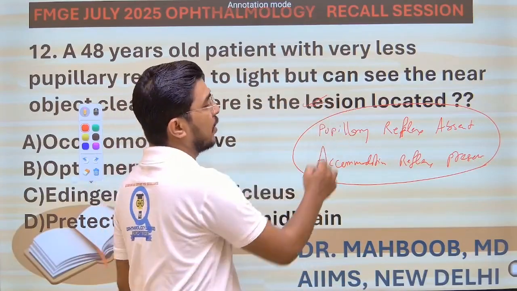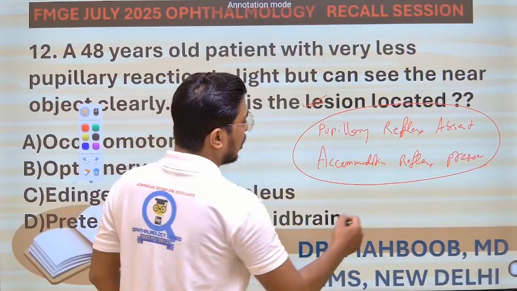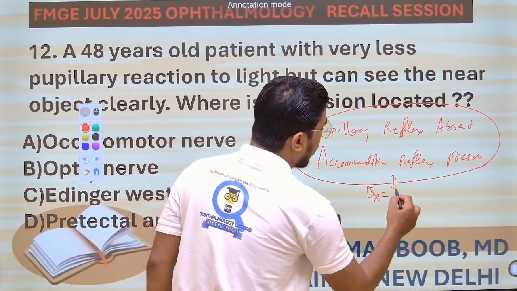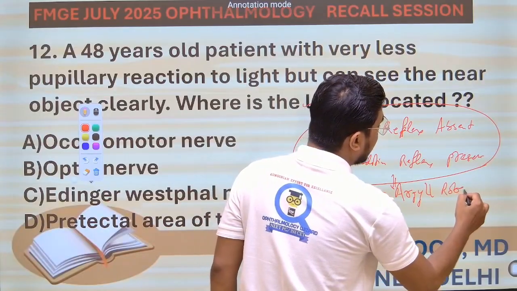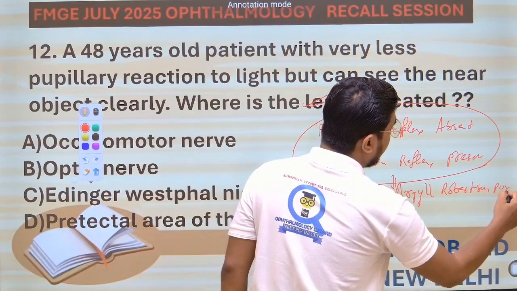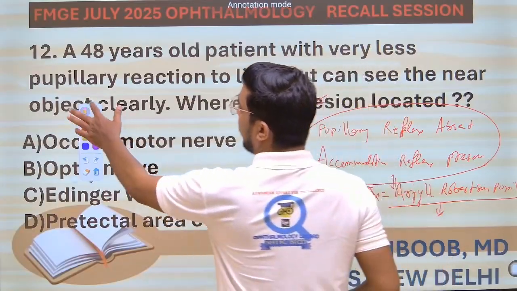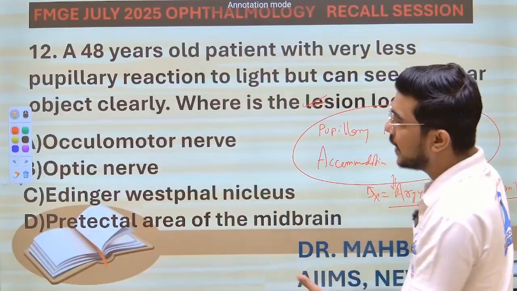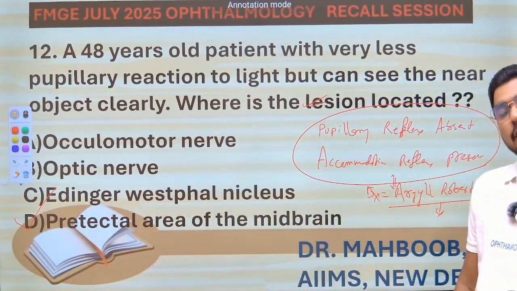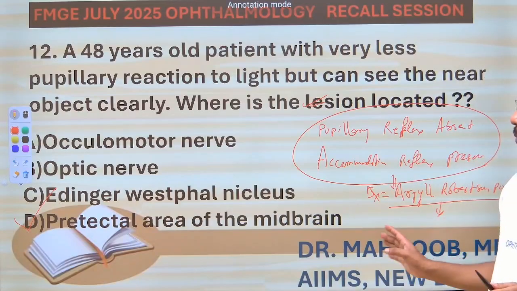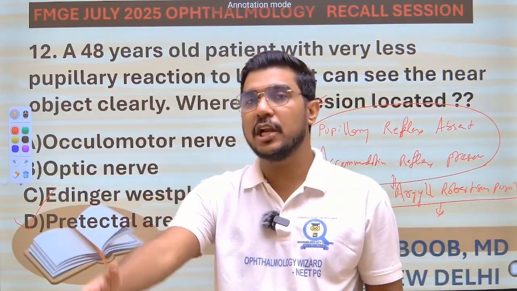By looking at this, what is the diagnosis? The diagnosis here is Argyll Robertson pupil. So the answer will be pretectal, because Argyll Robertson pupil happens because of a lesion in the pretectal nucleus of the midbrain.